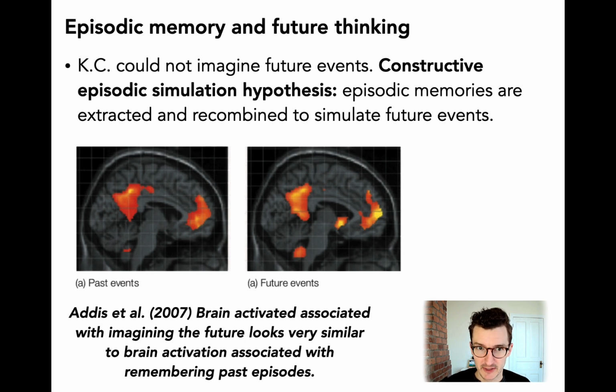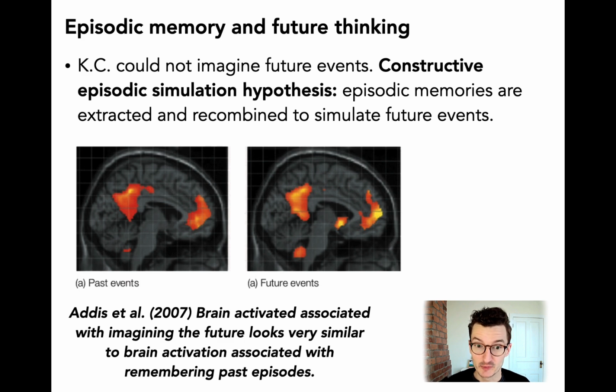And so what's interesting about patient KC, Ken Cochran, who had no episodic memory, was that he couldn't imagine future events. And so there's some evidence there from neuropsychology that we draw on episodic memories to simulate future events.